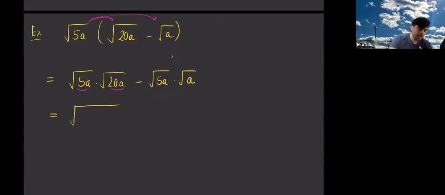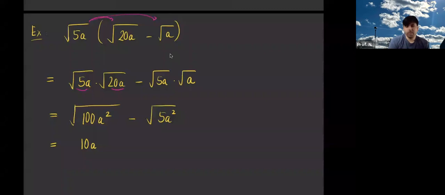5a times 20a is 100a squared. 5a times a is the square root of 5a squared. The square root of 100 is 10, and the square root of a squared is a. So that was a perfect square.